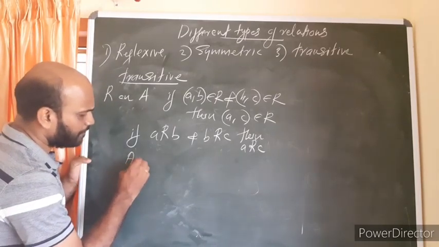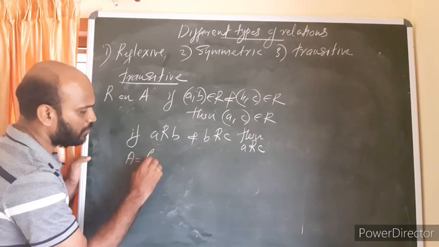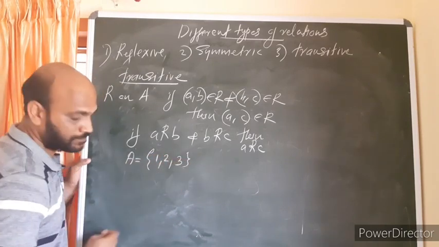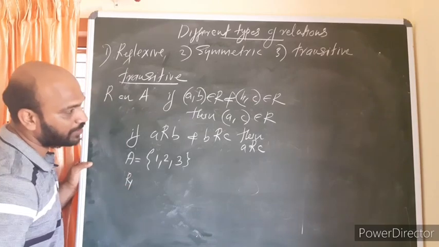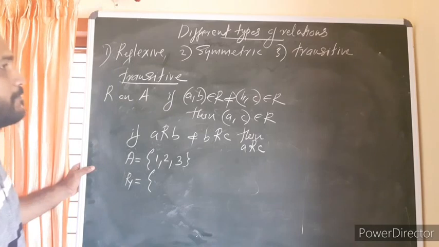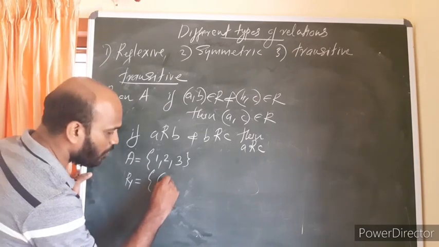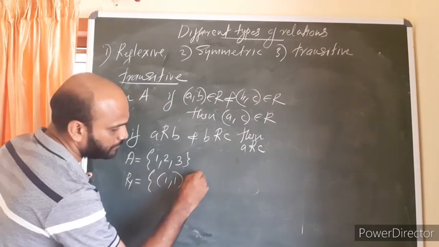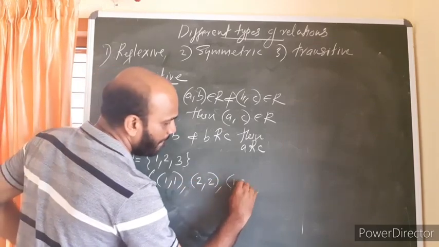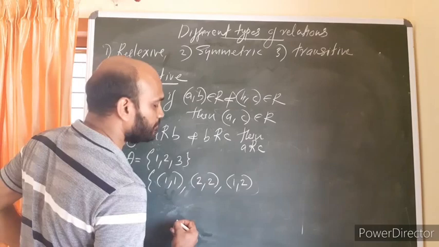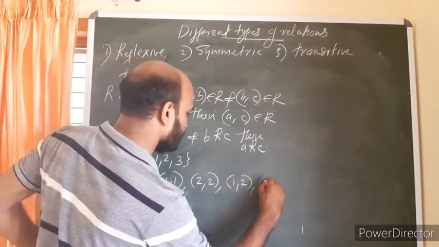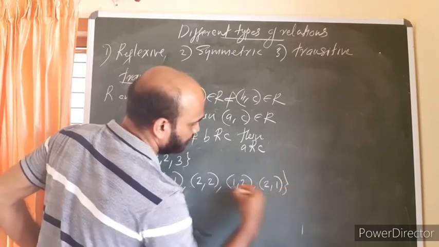Take some example. Suppose A equal to 1, 2, 3. And R1 is a relation on A. R1 equal to 1, 1, 2, 2, 1, 2, 2, 1.